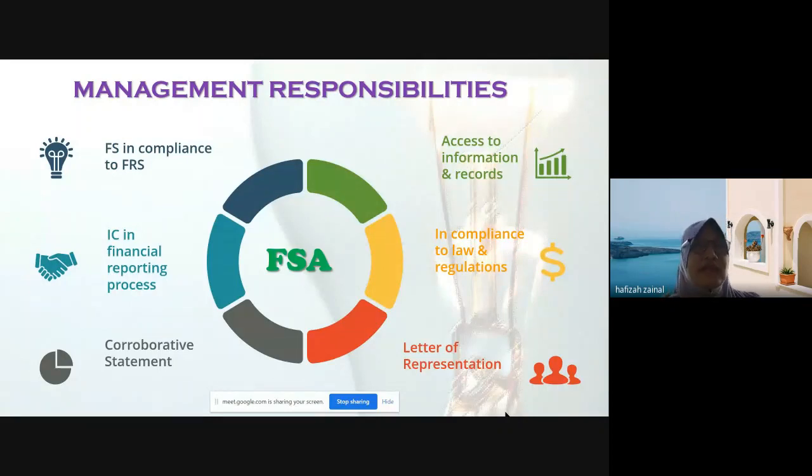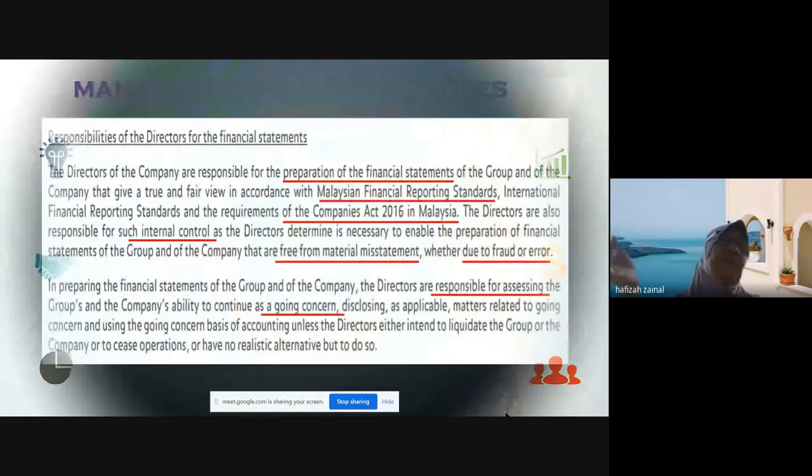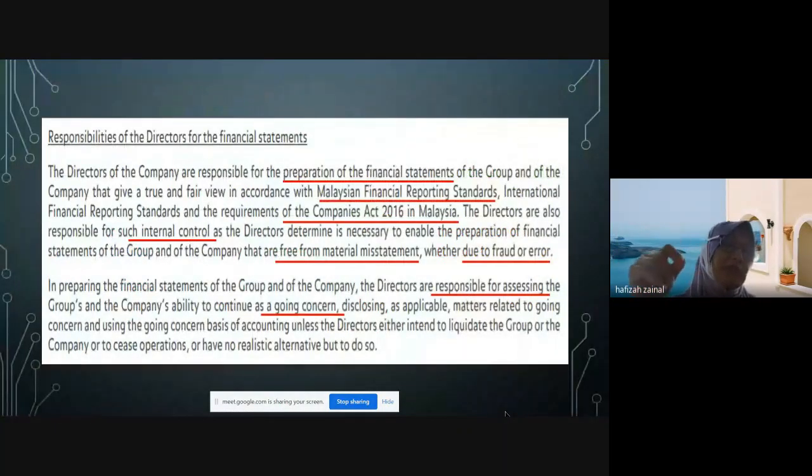Finally, all this management responsibility is mentioned in the letter of representation. Normally we will get this; this is an extract. That's why management must know their responsibility, because all this will be reflected in the audited financial statement, the directors' statement, the auditor's opinion, and so on.